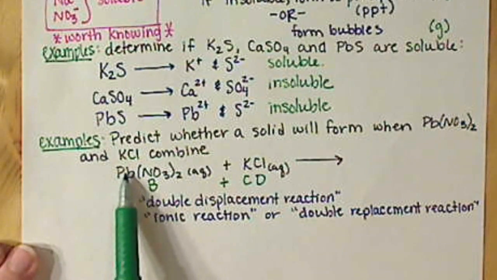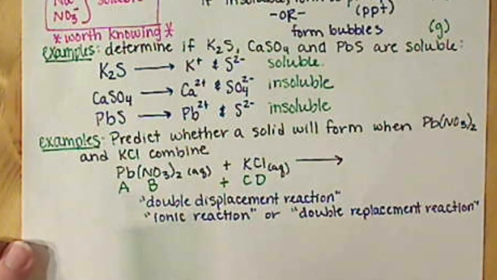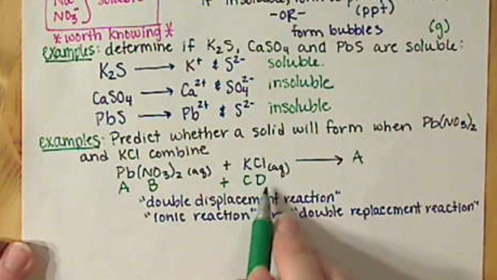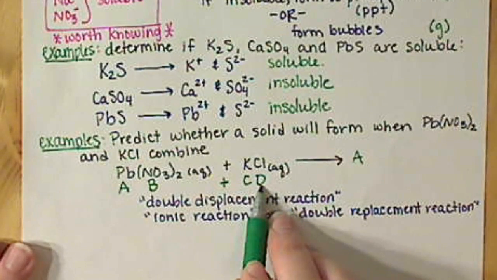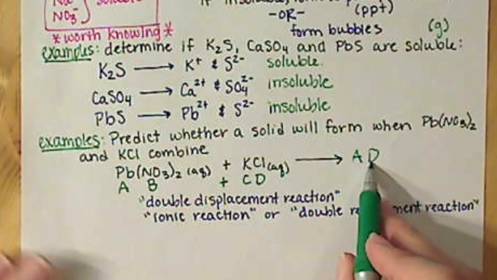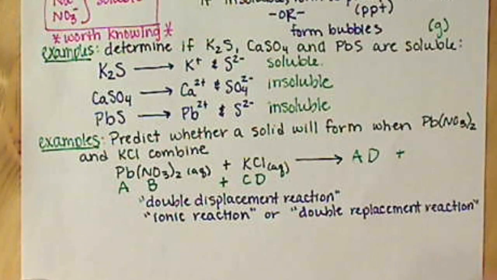So we have our positive from the first one, A, and we're going to swap partners, so it's going to combine with the negative from our second one. So I'll have AD, and our other compound is going to be the result of the other pairing.